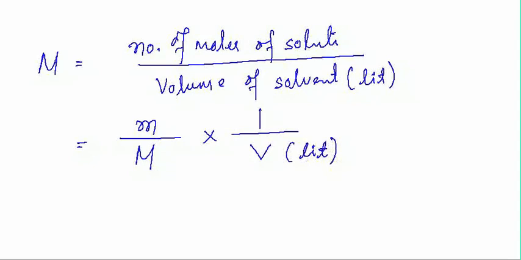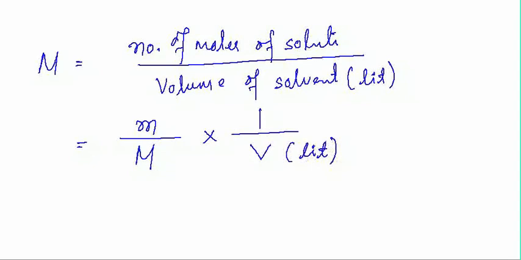Now when we work with any numerical based on the molarity, the volume of the solvent may not be given in liters. Sometimes the volume is also given in ml or centimeter cube. So if the solvent volume is given in ml or centimeter cube, then how do we find out the molarity?